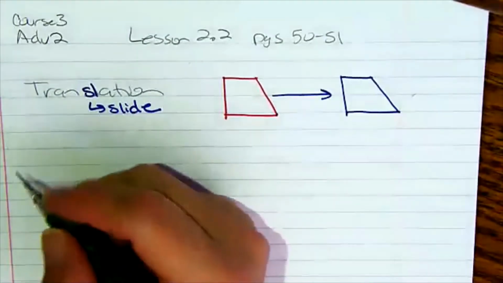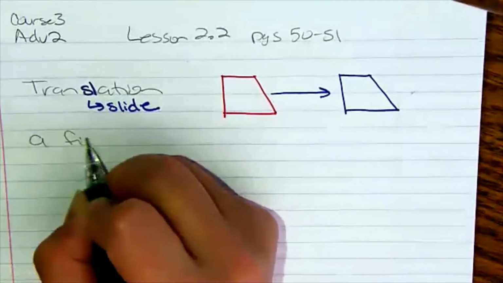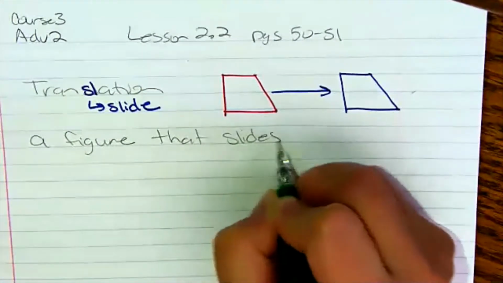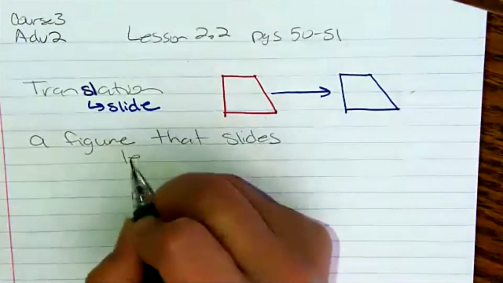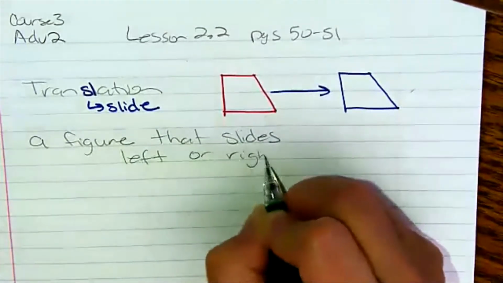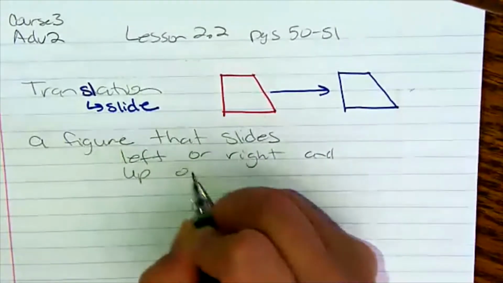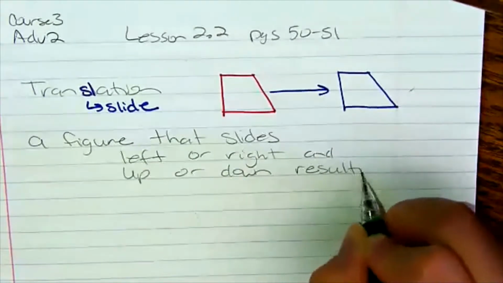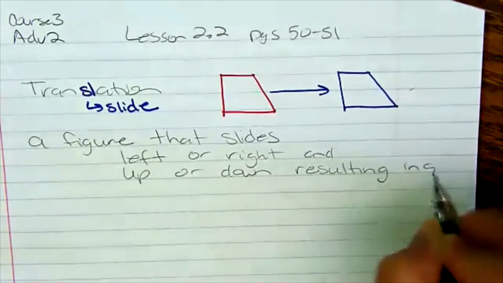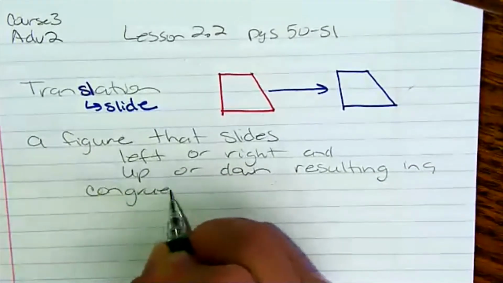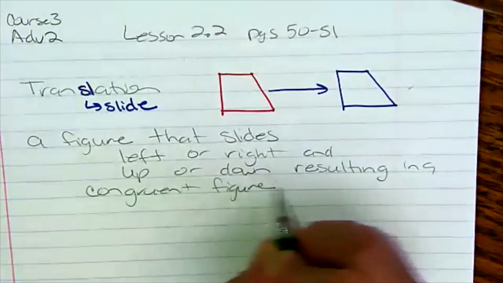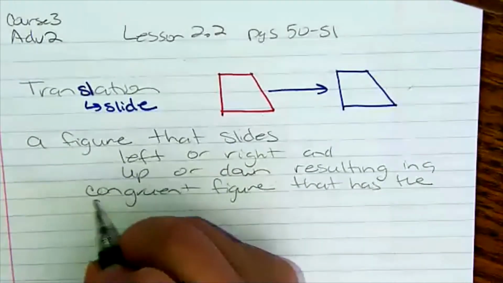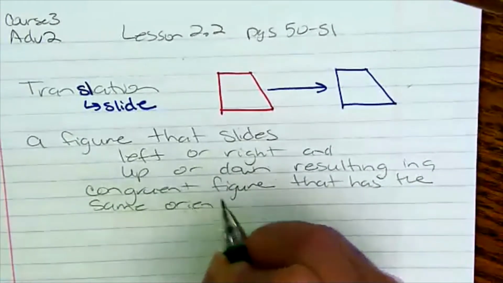Now, a translation is a figure that slides. It slides left or right and up or down, resulting in a congruent figure that has the same orientation.